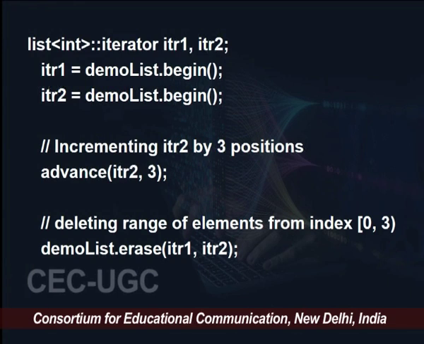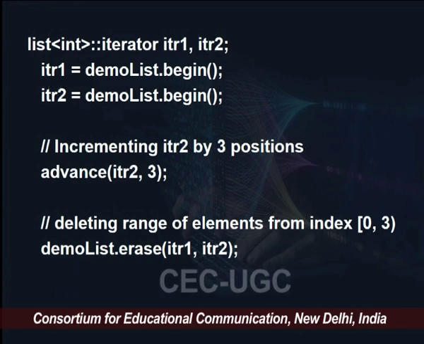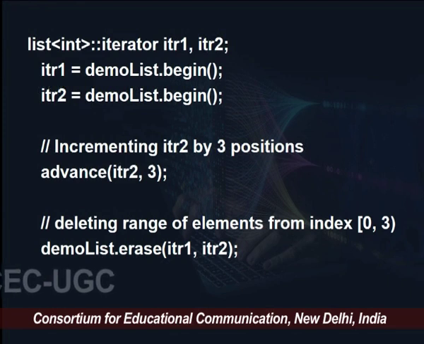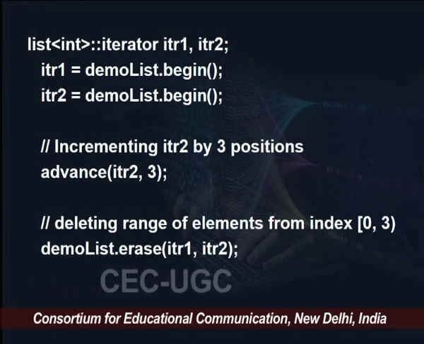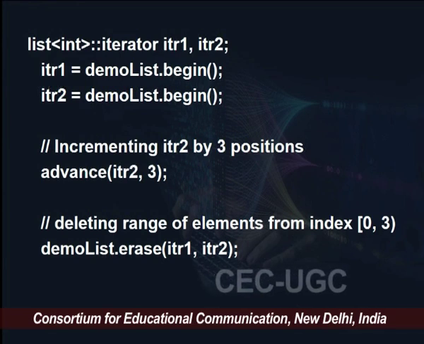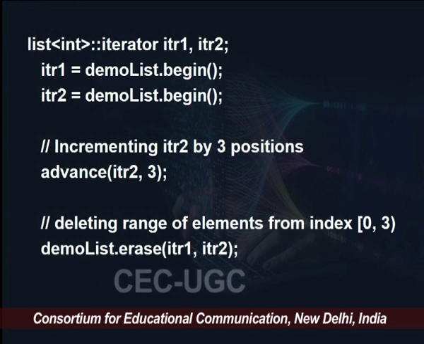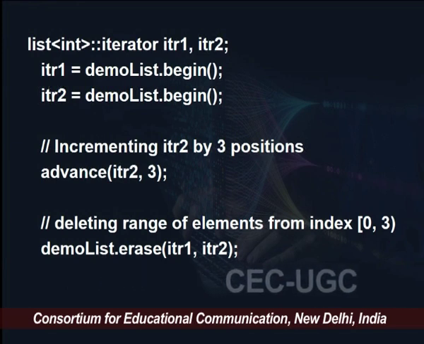The elements which we are going to delete here are the element at 0 position, the element at 1 position and the element at position number 2, not the element at the 3rd position, and this is what I told you in the earlier lecture also, that whatever is the last position, the elements prior to that particular position will be deleted.